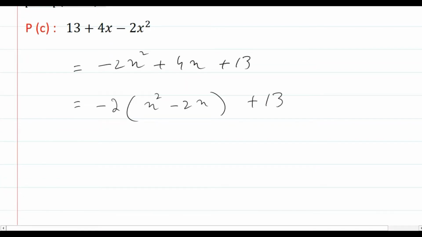Now you can apply the formula minus 2 and it will become x minus 1 whole square minus 1 whole square plus 13.